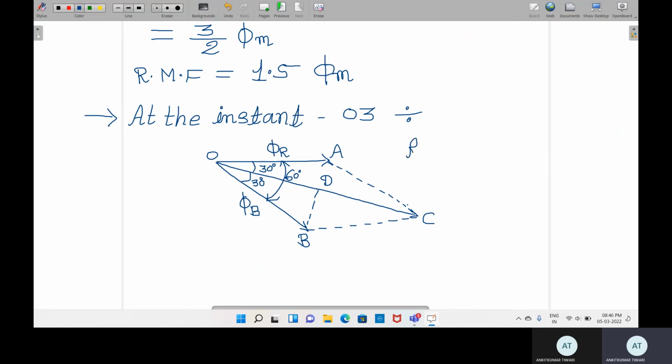Now, what is our resultant flux? Resultant flux is equal to OD.